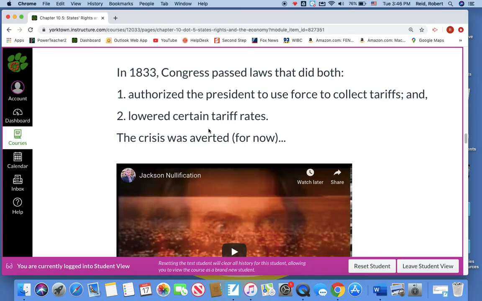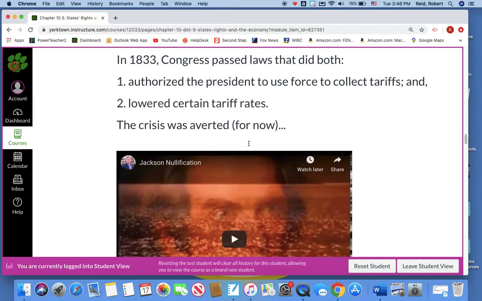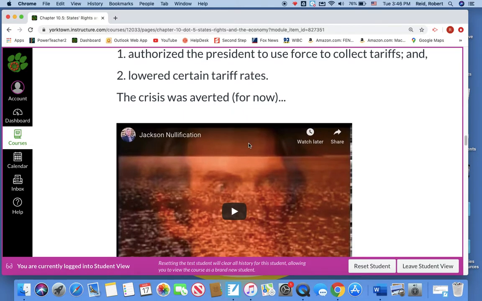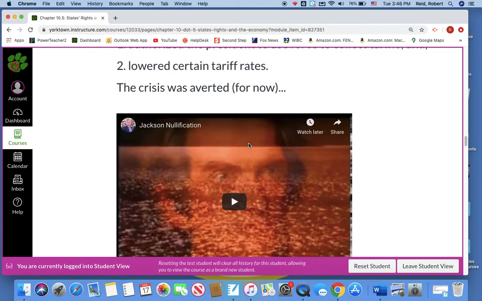Kind of, hey, we get you're mad, let's kind of take a step back, time out, let's go back and lower some of these tariffs to help out. And the crisis was averted, yeah, for a while, for another 20, 25 years, until the late 1850s when the Civil War was about to start. And we'll get to that hopefully when we get back into class.